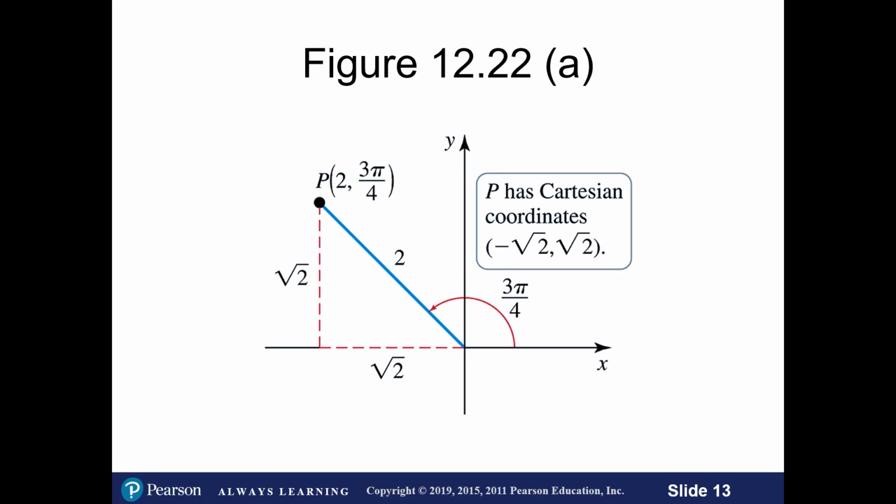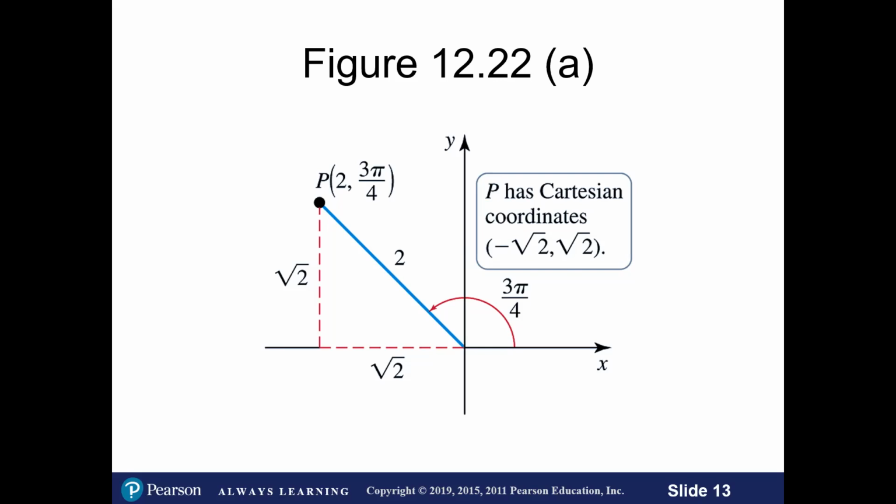So let's look at an example. We'll look at the point 2, 3 pi over 4 here. We don't even really need to graph it. We can kind of see where it is. If we put that point in, it is going to be in the second quadrant.